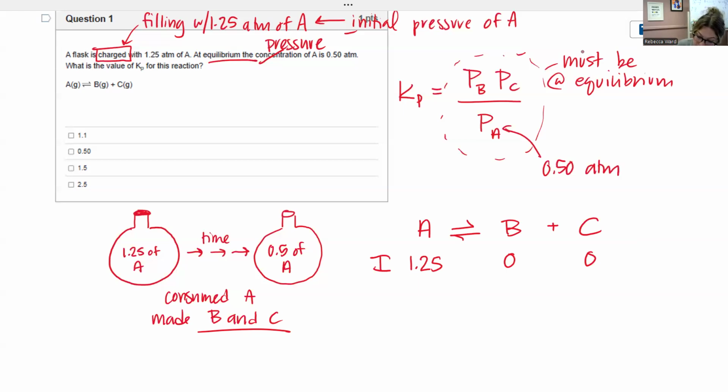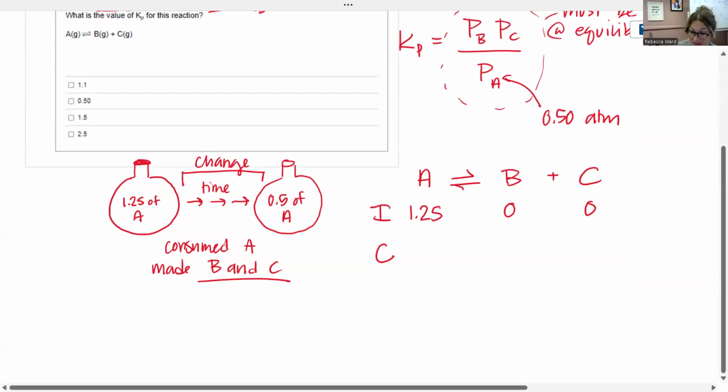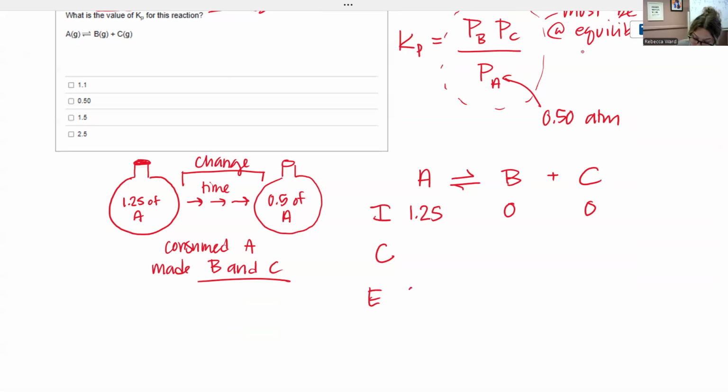Then there is a change. The change represents that time as it's approaching equilibrium. And then at equilibrium, we know we have 0.5 of A.